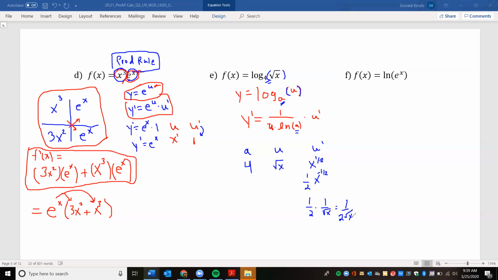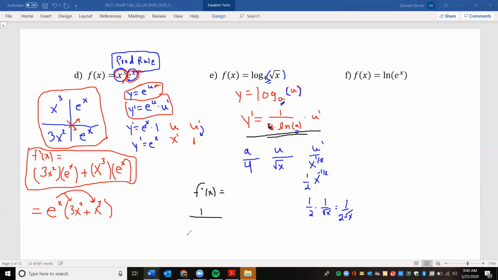Now with that being said, we did that so that we would know a, u, and u prime. So now we can put this all together at the end. So let's think, this is going to be our y prime value. This is going to be our f prime of x. Okay, so I'm going to start with 1 over, let's see, I got a u to start.